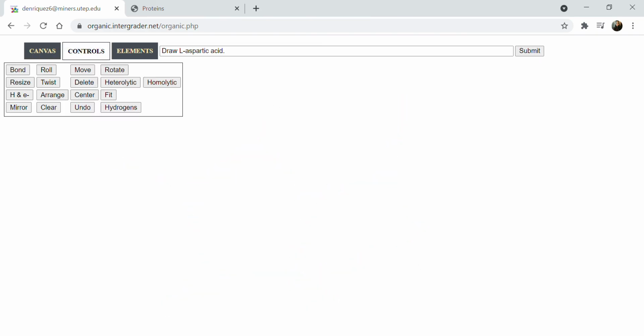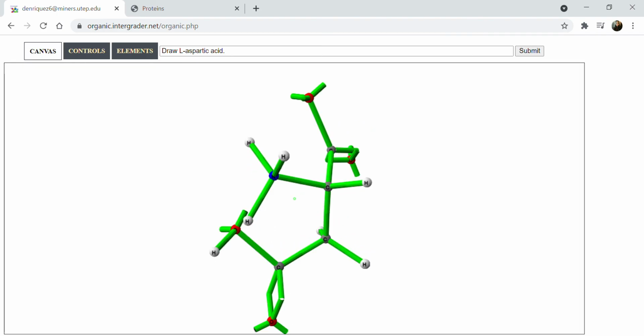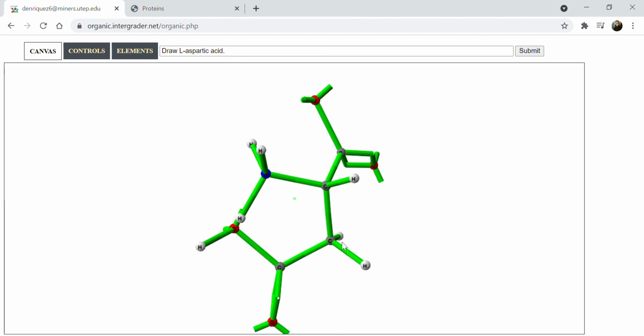Okay, now I'm going to roll things around. I want L, so I want to make sure that my nitrogen is on the left side once I have both the nitrogen and the hydrogen facing towards me. It is on the left side, so that should be good. And there's no chiral centers, just as the last one, because we've got, did we draw aspartic acid on the last one?